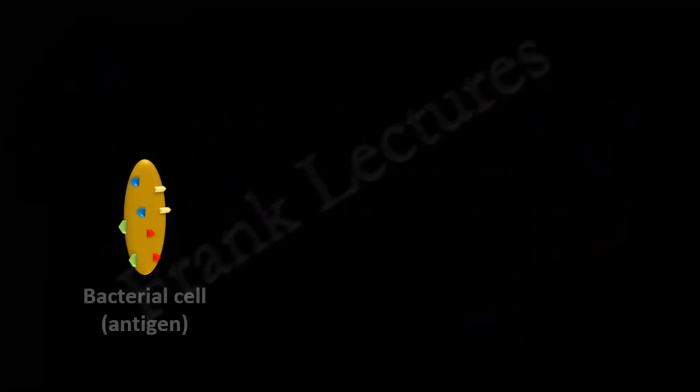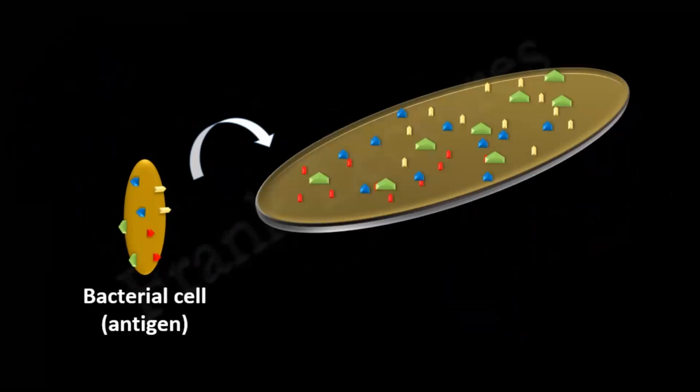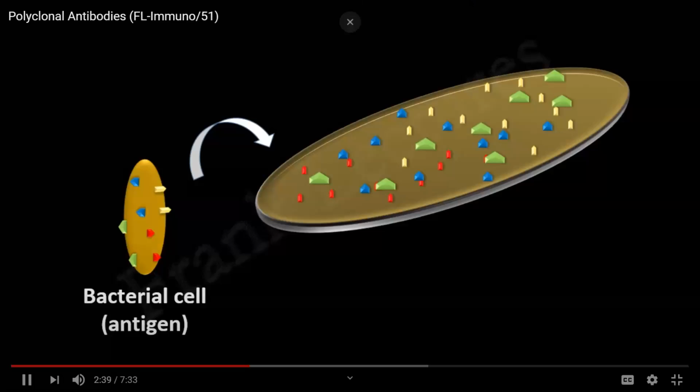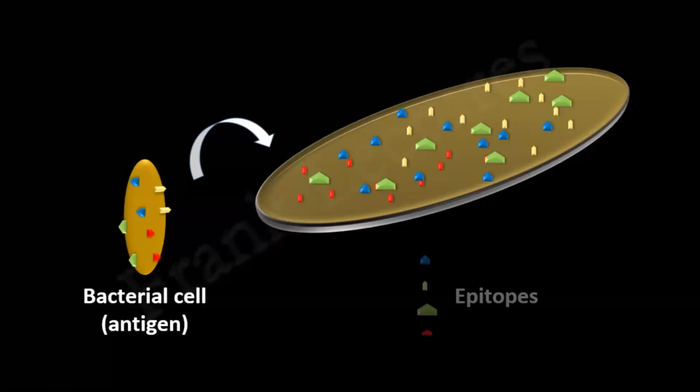Suppose this is an antigen which invaded the body. Let's say there is some bacterial infection. We know that the microbial surface has many molecules that vary in their chemical nature. They may be proteins, carbohydrates, lipids. These microbial surface molecules or their portions are recognized by B cell receptors. These are the epitopes to which B cell receptors will bind.